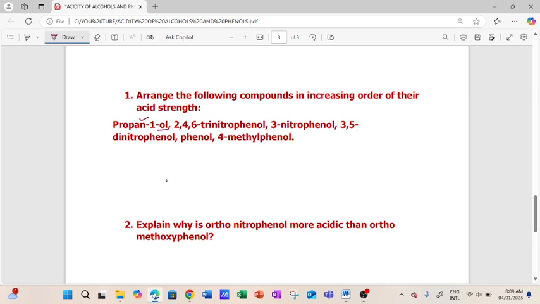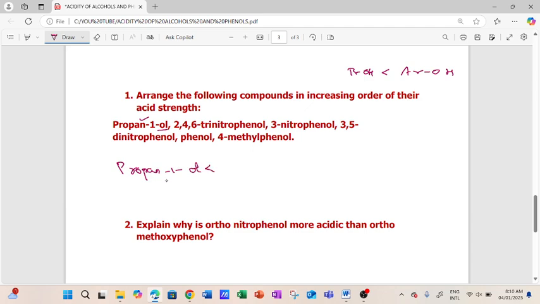We compared that aliphatic alcohols are less acidic than aromatic alcohols. Aromatic alcohols are always more acidic. So here propan-1-ol is the only one which is aliphatic in nature. If it is in the increasing order, we have to start with propan-1-ol.